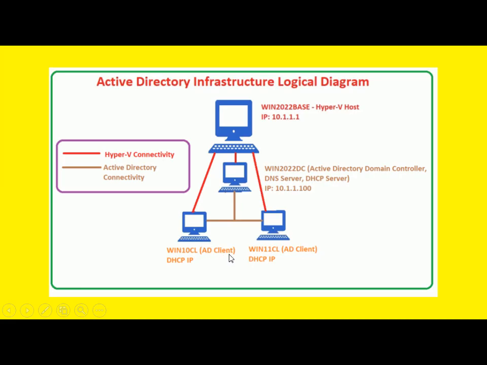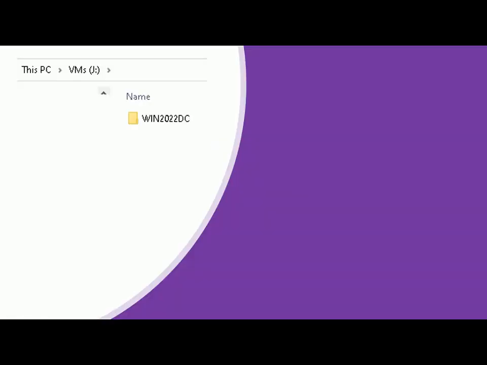Both machines are acting as AD clients, and both will get IPs from DHCP. So this is just a logical diagram of what we are going to practically implement now. So let's start with our practical steps.